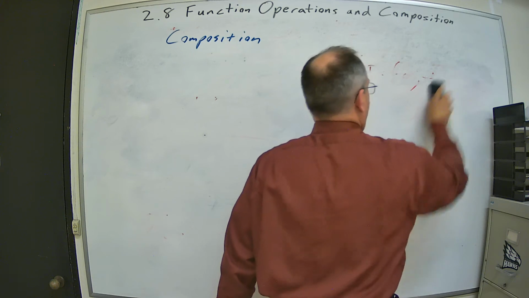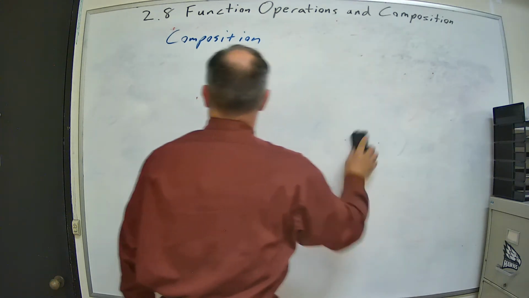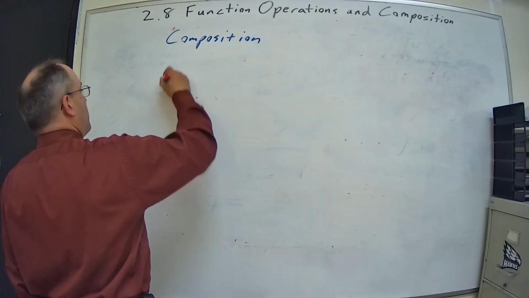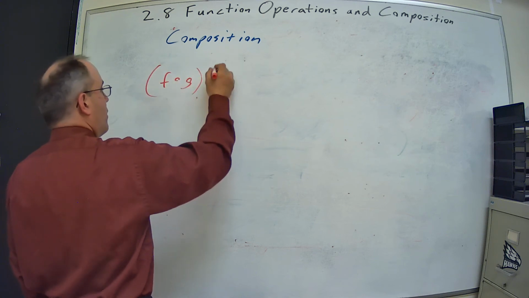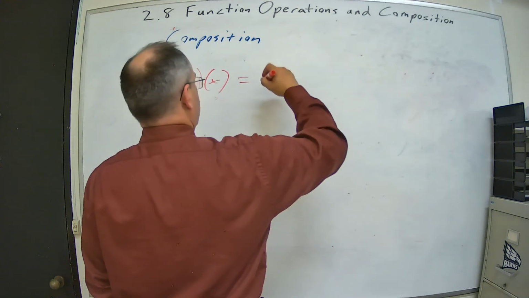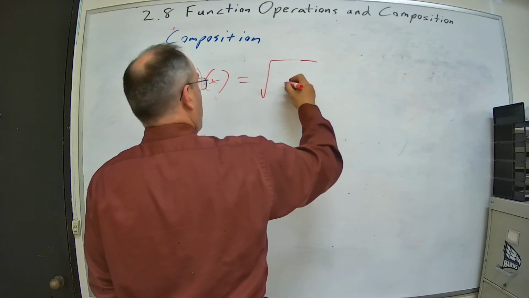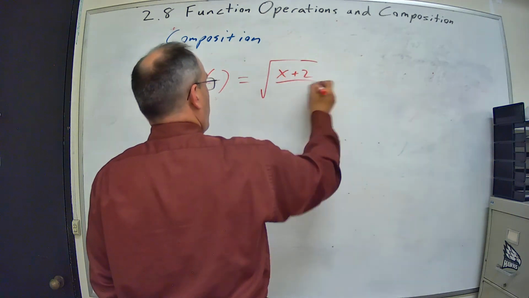And this is really one of those things that many times there's multiple answers that could be used. But just if you're given the function f composite g of x is equal to the square root of x plus 2 over 3.